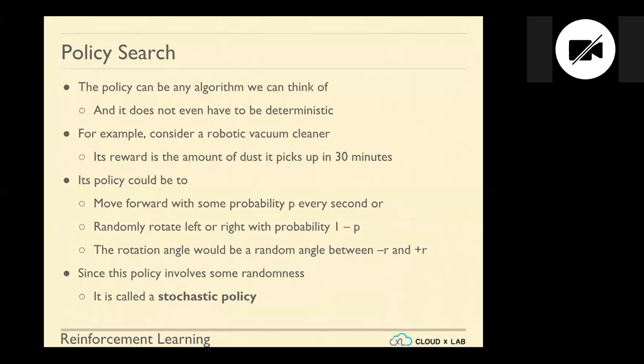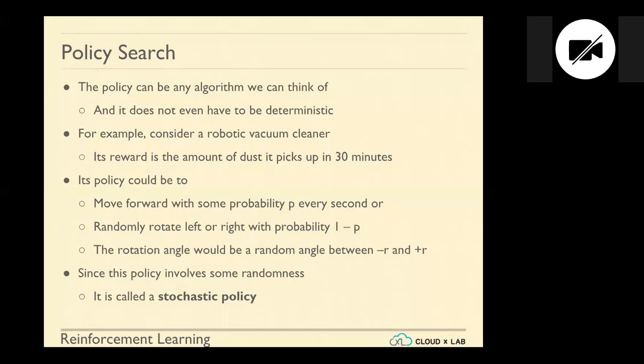It does not have to be deterministic. For example, consider a robotic vacuum cleaner. Its reward is the amount of dust it picks up in 30 minutes. Its policy could be to move forward with some probability p every second, or randomly rotate left or right with some other probability.